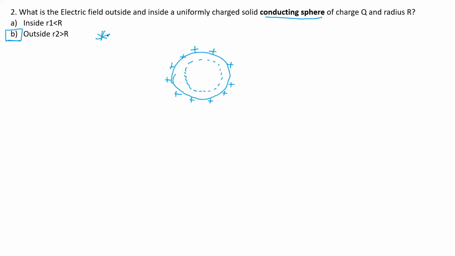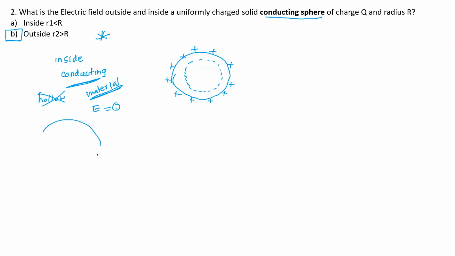Whatever the shape you have, whatever the Gaussian, whatever the object, whether it's a cylinder, a sphere, or a shell, always inside conducting material, and I'm not talking about hollow stuff, the electric field is always zero.